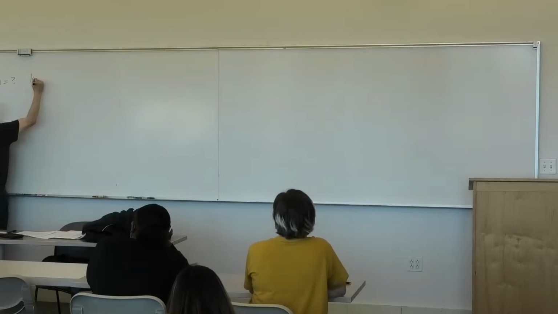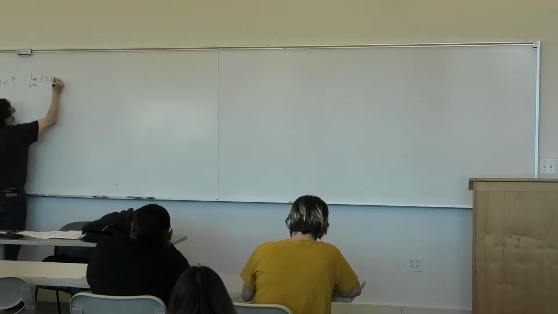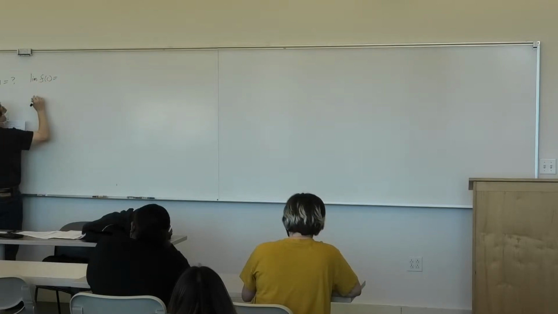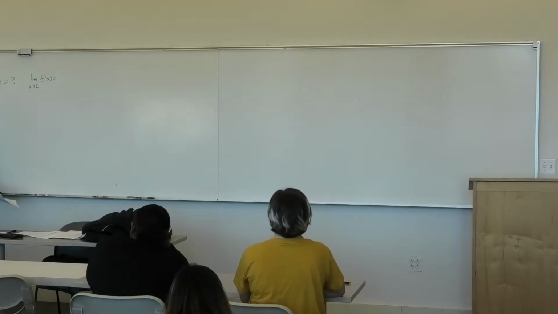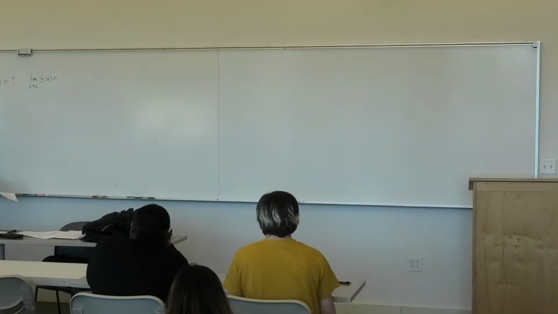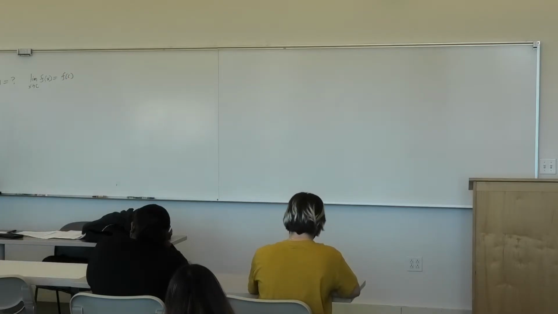So for a continuous function, the limit as x approaches c of f of x is f of c. Keeping in mind the limit and the value at the limit are not necessarily the same, but for a continuous function, they are the same. So this just becomes 1 plus 1 minus 1 plus 1 equals 2.